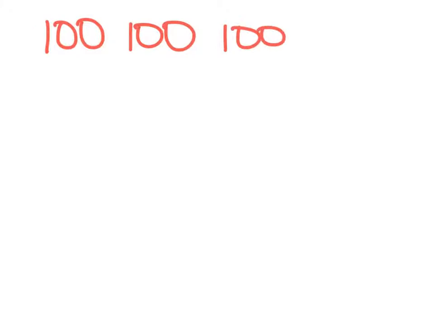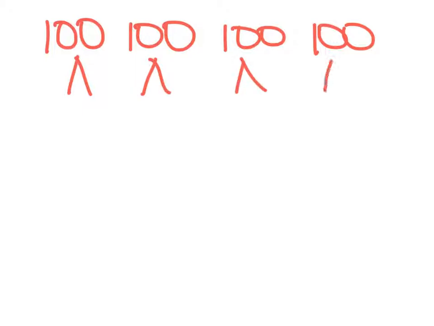The next thing I want you to look at is these math mountains that I'm going to put on here, and I want you to copy these in your math journal. You're going to notice something that all of these math mountains have in common.